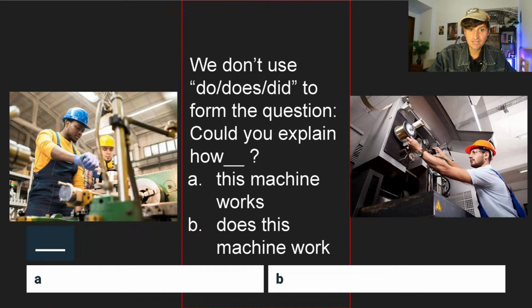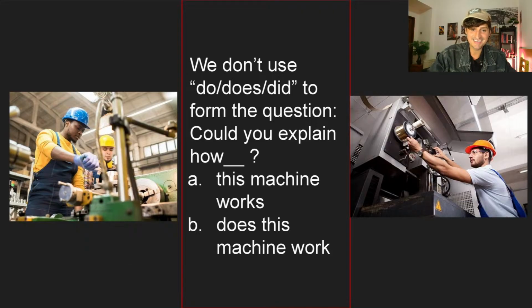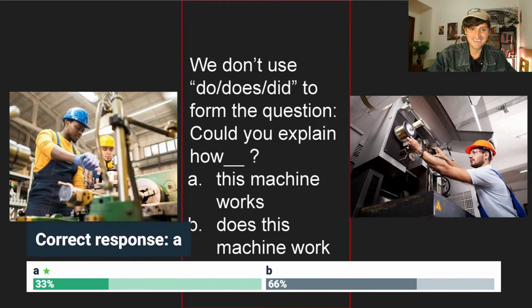So we don't use do, does, did. So we don't use does, right?